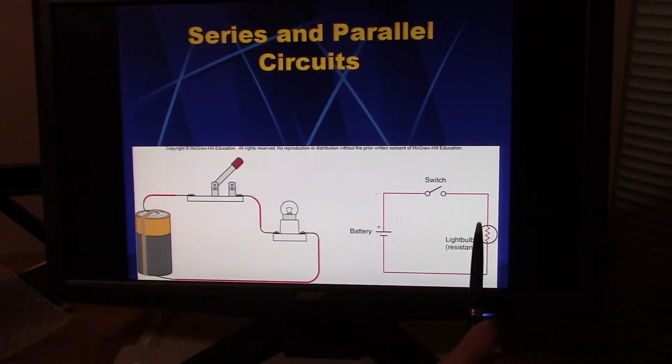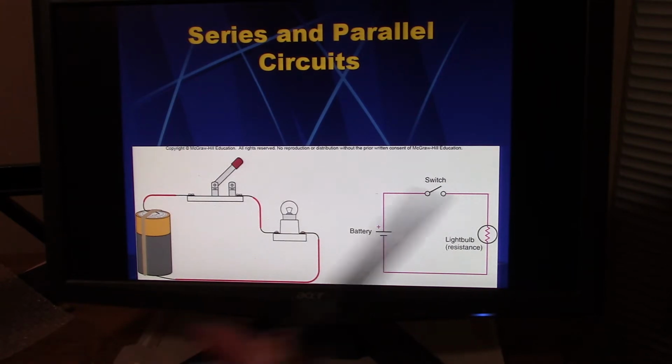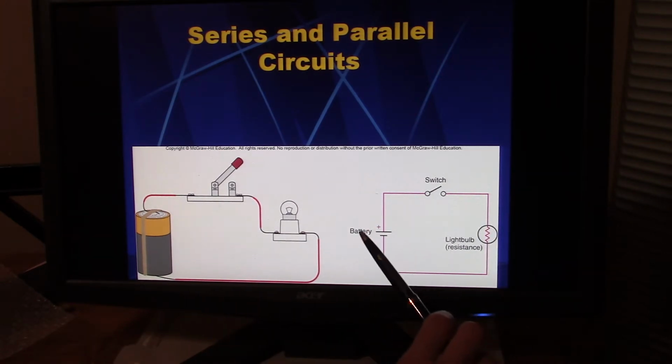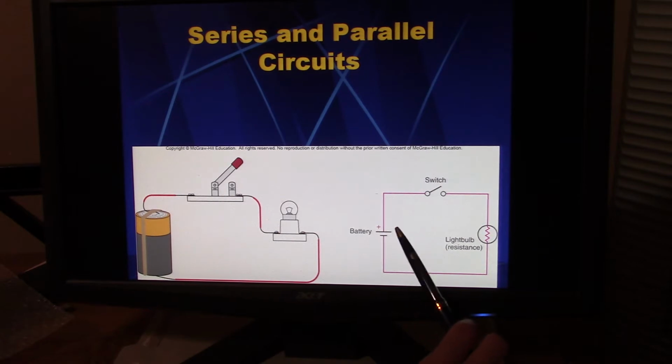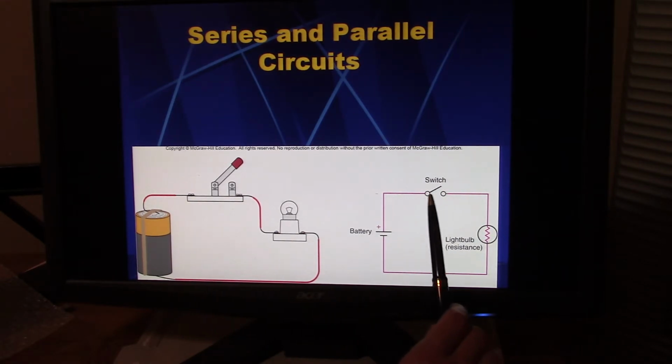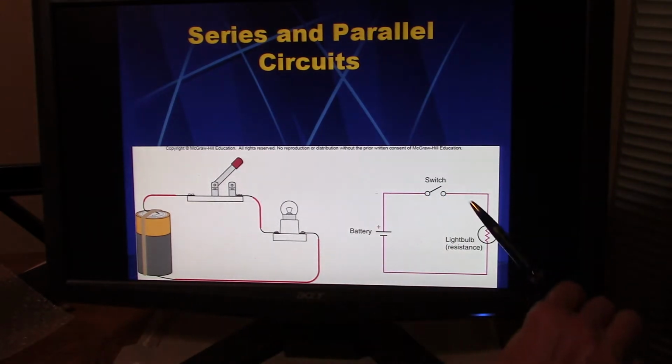Then the light bulb, with the resistance, they use a symbol, it's a jagged line, okay? Whenever you have a resistance in a schematic, it's represented this way. Your battery is represented by this diagram, whatever your source of voltage is. A switch uses this symbol, two circles and a little thing that goes up and down.